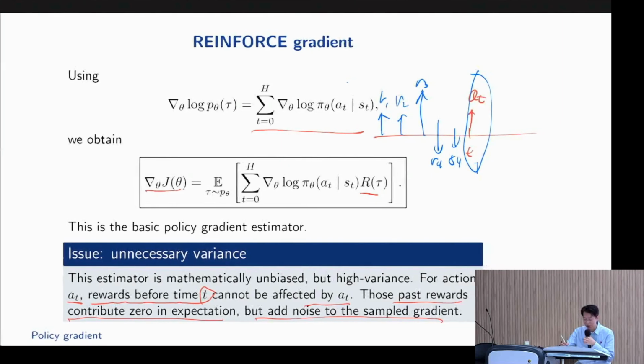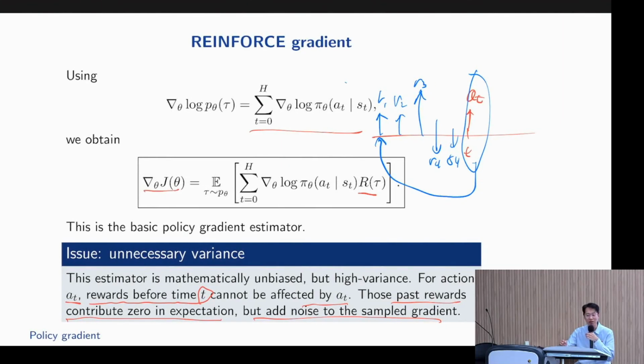Unless this guy time traveled through some time machine and did something, right? So logically, something doesn't seem right, but mathematically, everything's correct. These terms are only going to add noise, and this is going to have very high variance if you implement it as is.